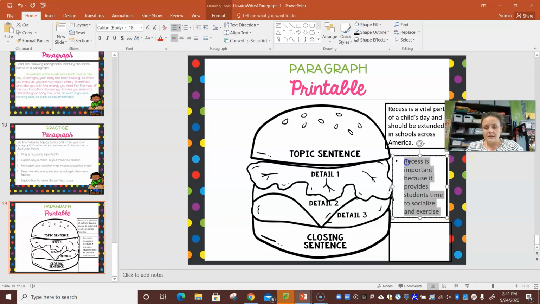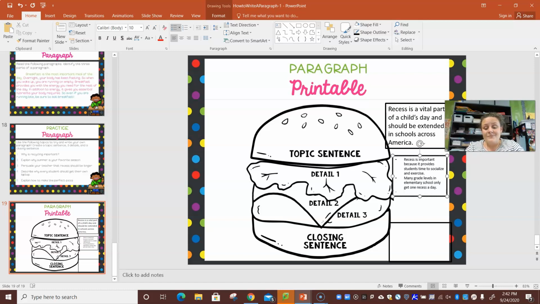My font's a little big, so I'm going to make it a little smaller. Socialize and exercise. And then I'm going to say many grade levels in elementary school only get 1 recess a day.